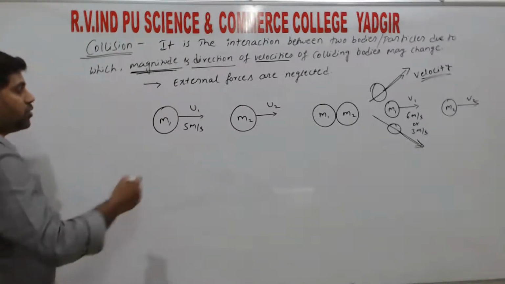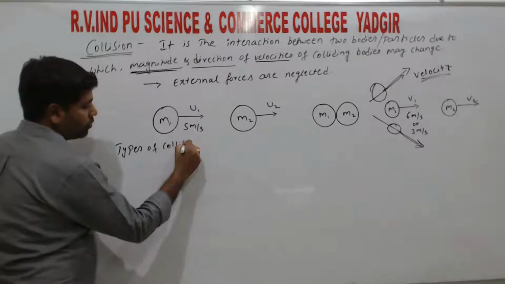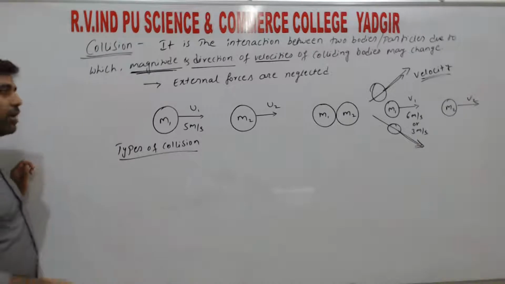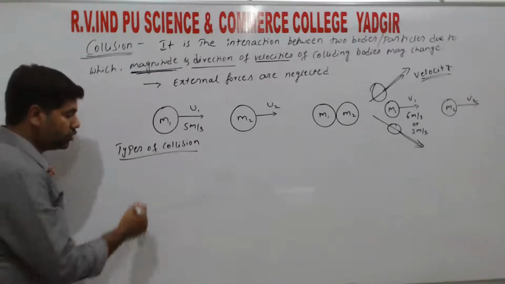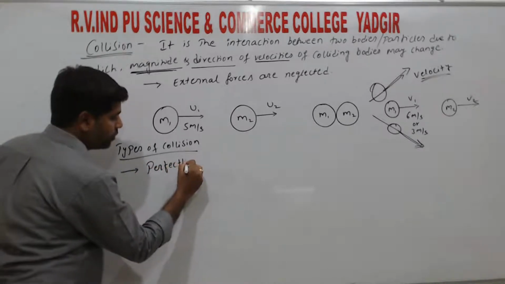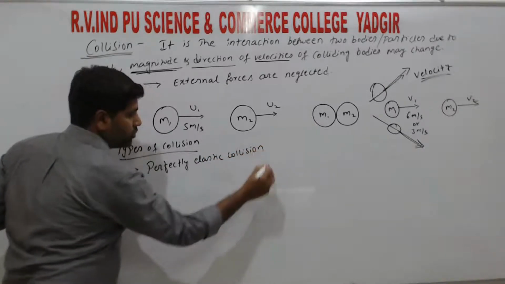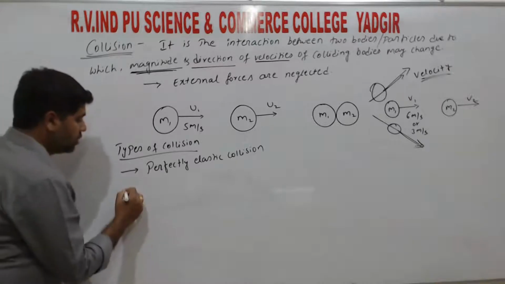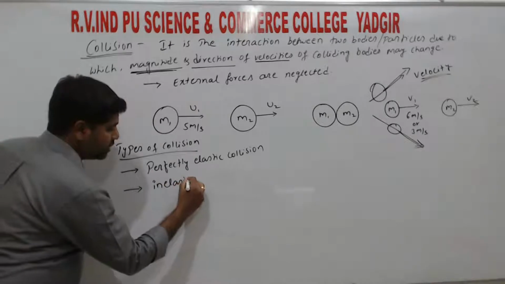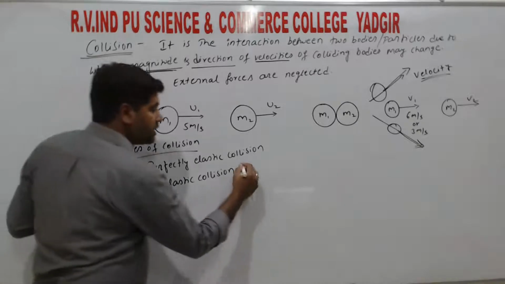So next, types of collision. We have three types of collision. There are many, but for the board exam we have three types. One is perfectly elastic collision, right? Very important. The second one is inelastic collision, which we also call semi-elastic collision.